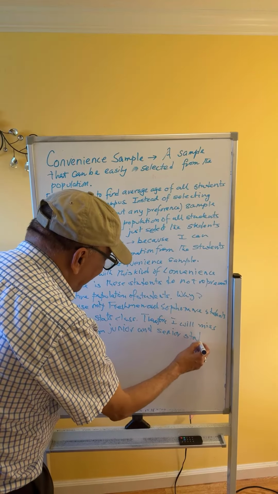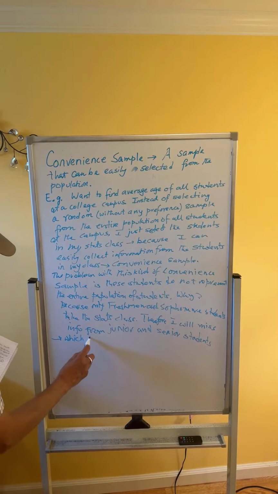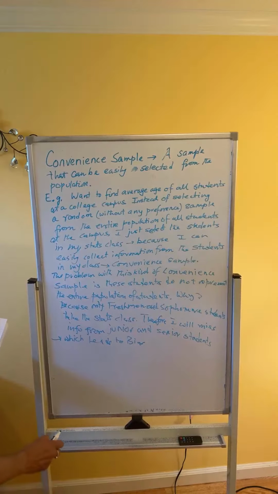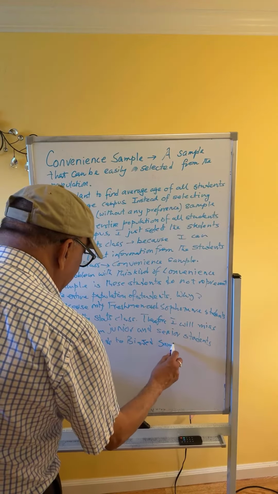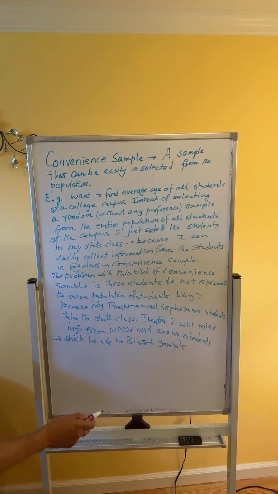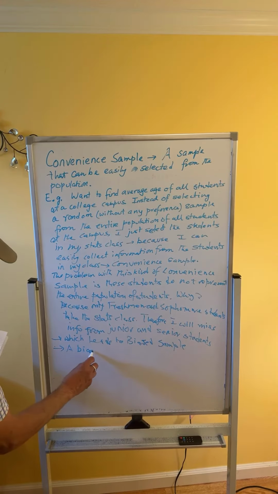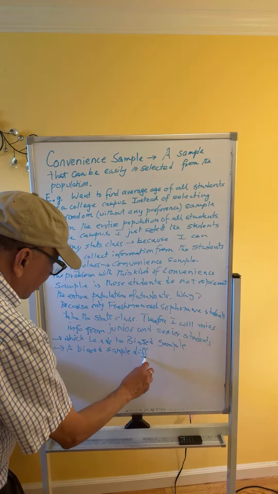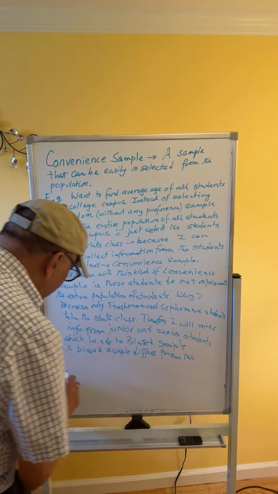So this leads us to bias. What is bias? Bias means a biased sample differs from the population in a systematic way.